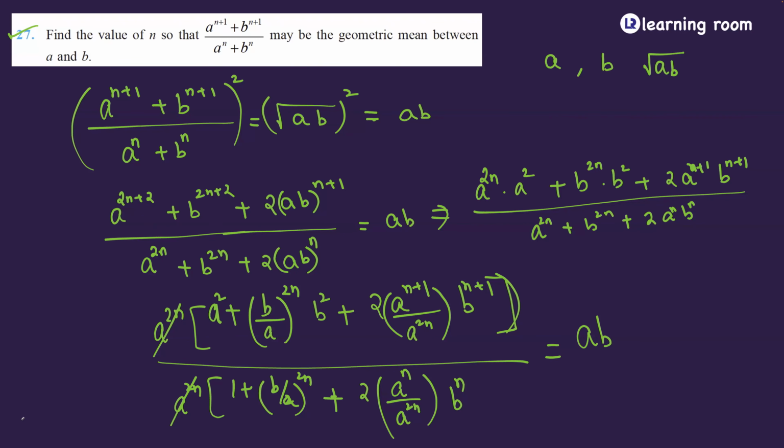Did you all finish? Okay. I want you to take this to the other side and multiply and tell me what you're getting. Take the denominator to the other side, multiply and tell me what you're getting.